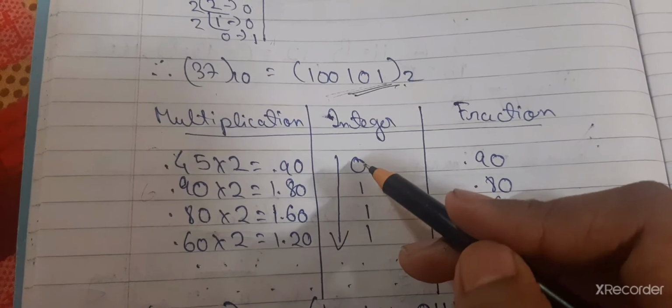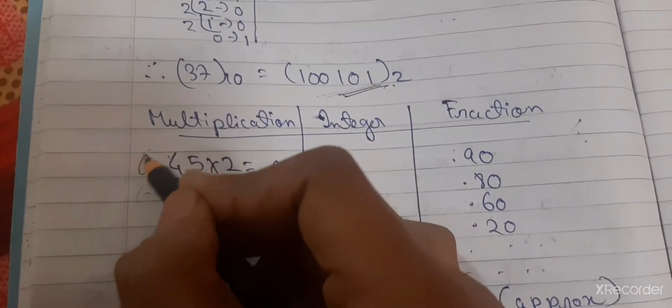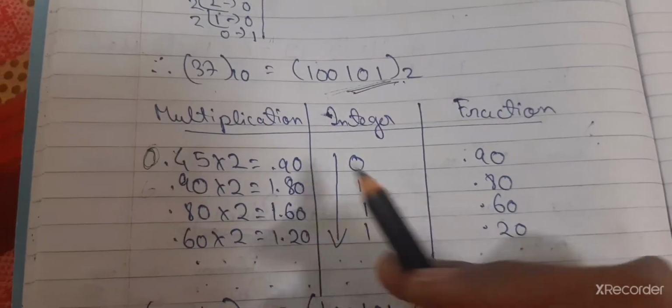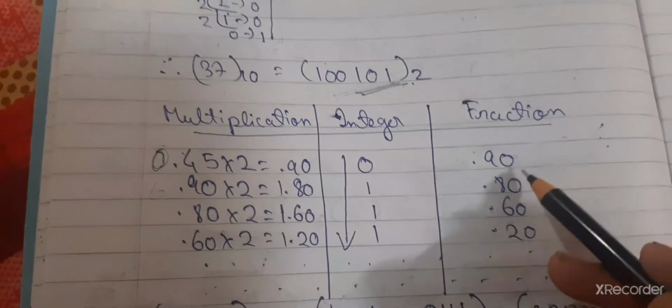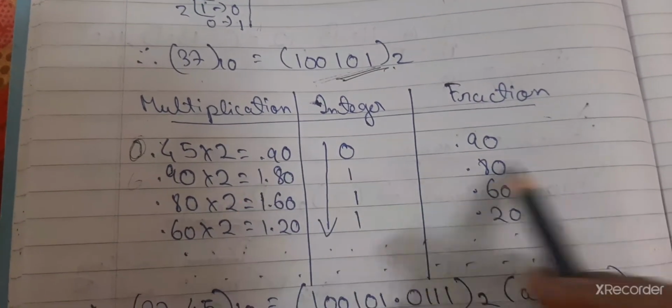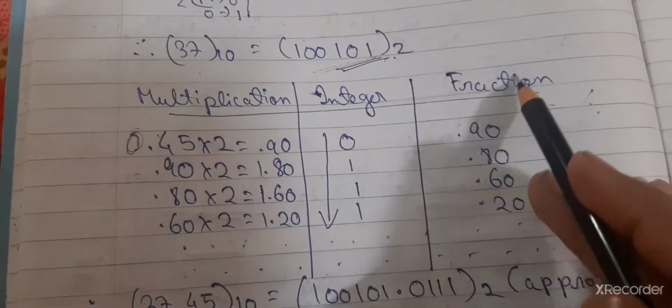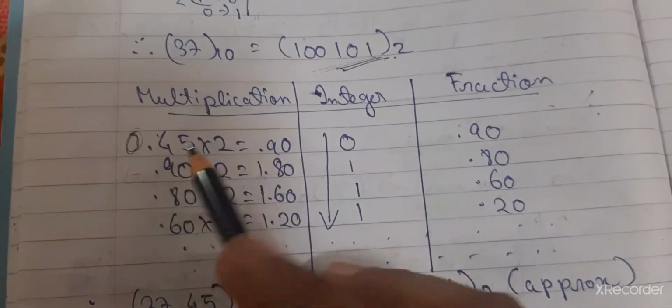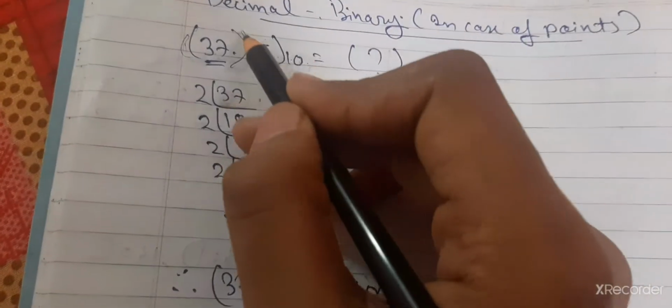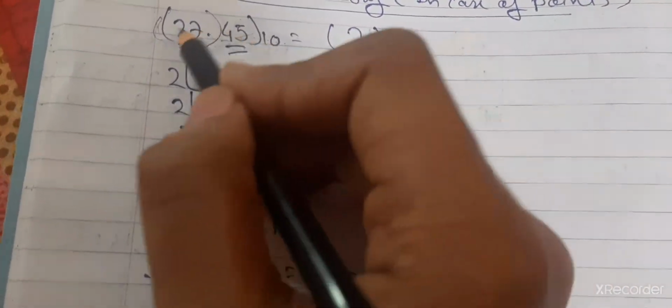The integer is 0. This side is the integer part. The fraction part we write here. This has to be done in a table format separately: multiplication, integer part and fraction part. In a point number, this is the fraction part, this is the integer part, as you all know.